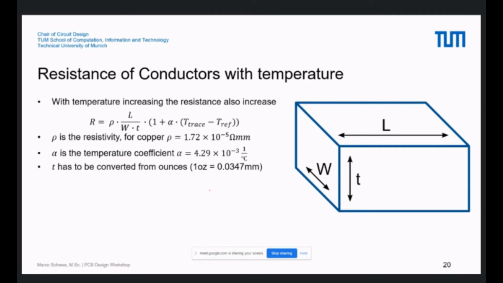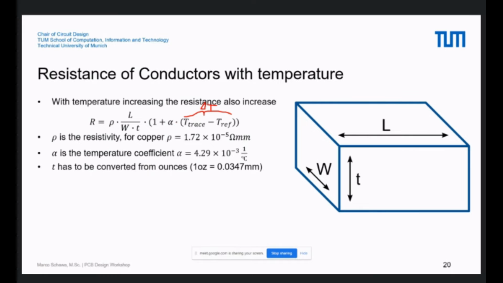About temperature. Temperature is very important because you can see here in this formula, let's say this is the temperature change, delta T. If the temperature of your trace increases, then the resistance increases.